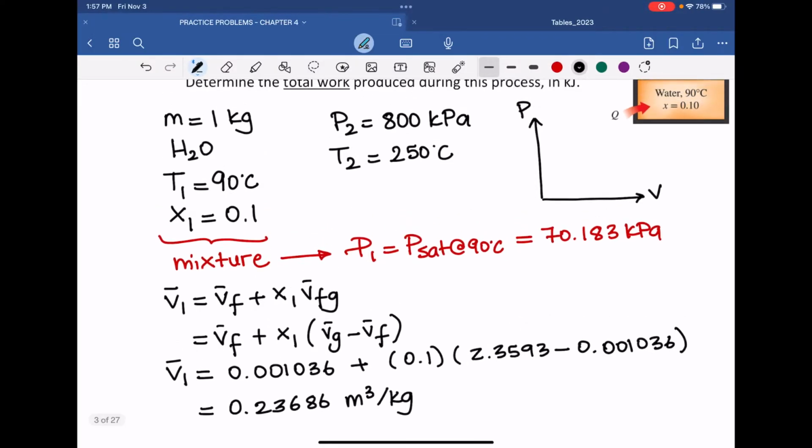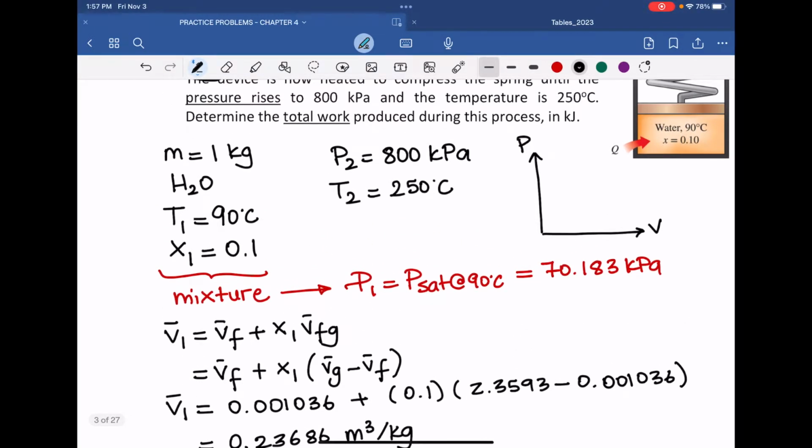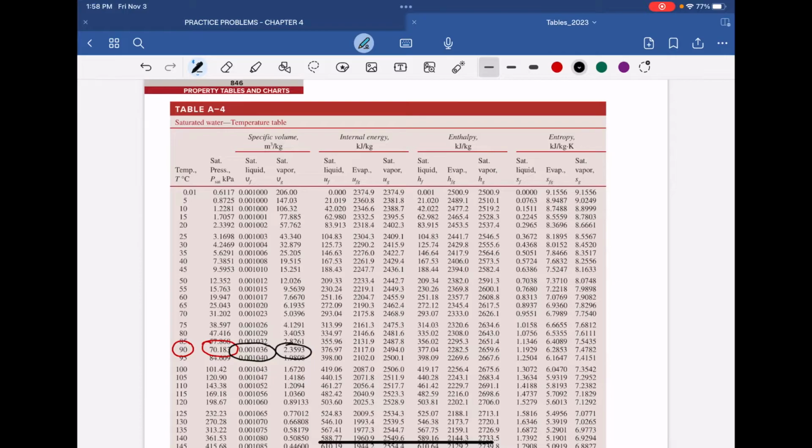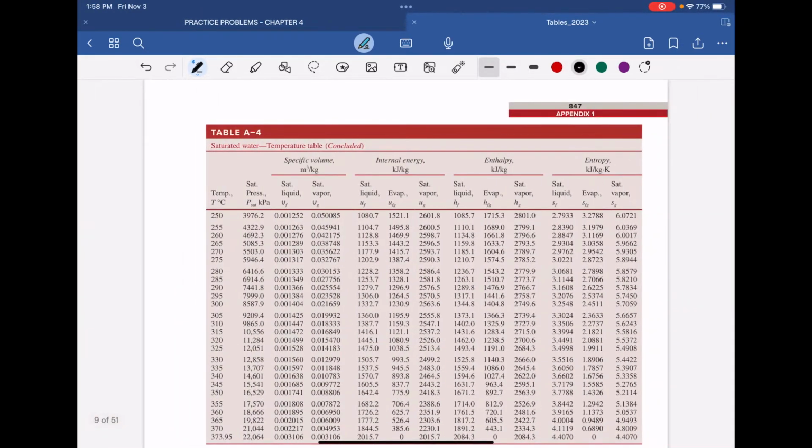For the second state, we know the pressure and the temperature. So you can either start with the pressure tables or the temperature tables. Both will tell you the same conclusion. I would start with the pressure table because that is easiest for me to compare the saturation temperature to the temperature that I have. So I'm just going to look at 800 kilopascal.